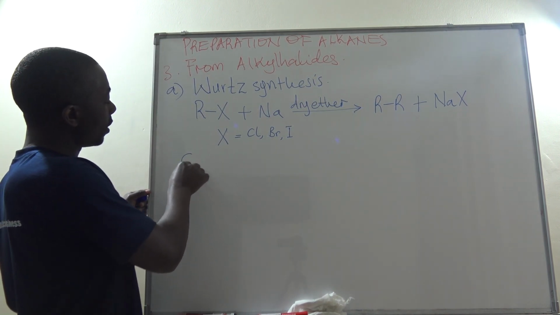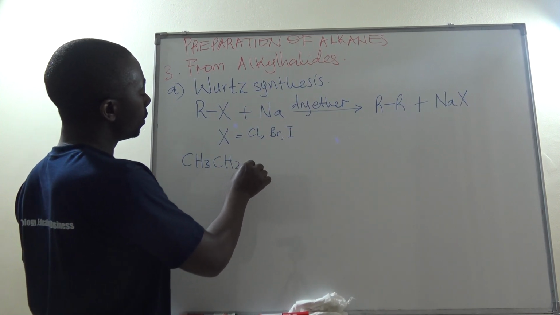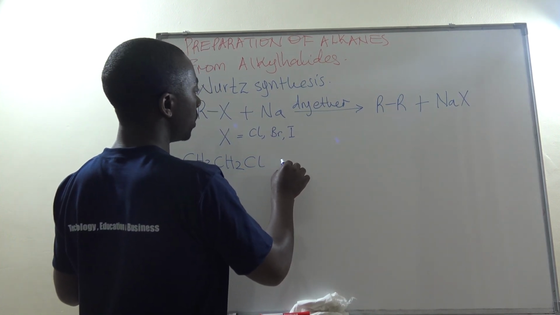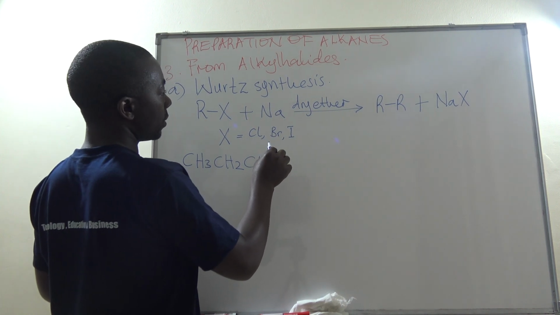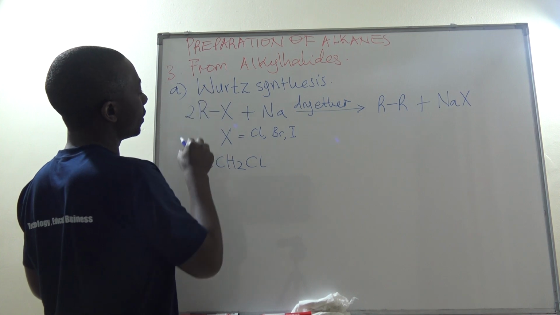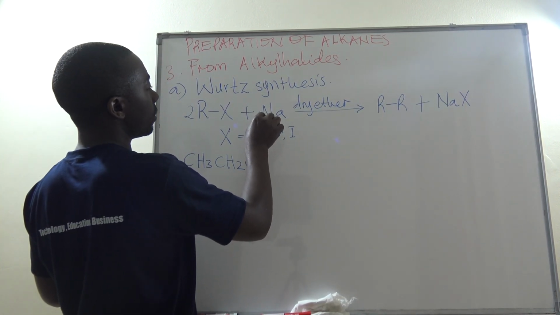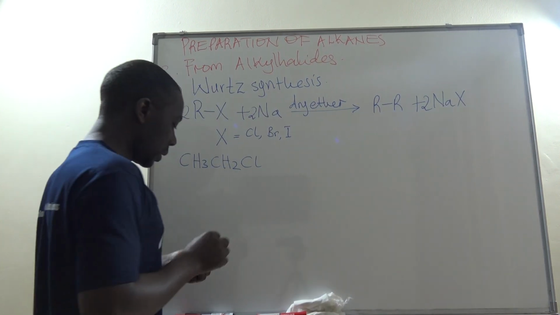Now, a specific example, if this is CH3, CH2, and that is chlorine. By the way, we can balance this: the 2 here, because we have 2 R's, we need 2 here, and we also need a 2 there.